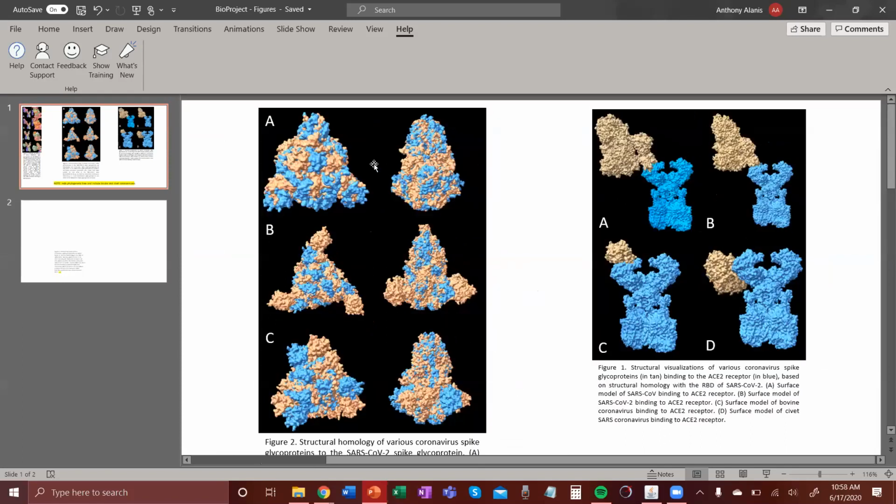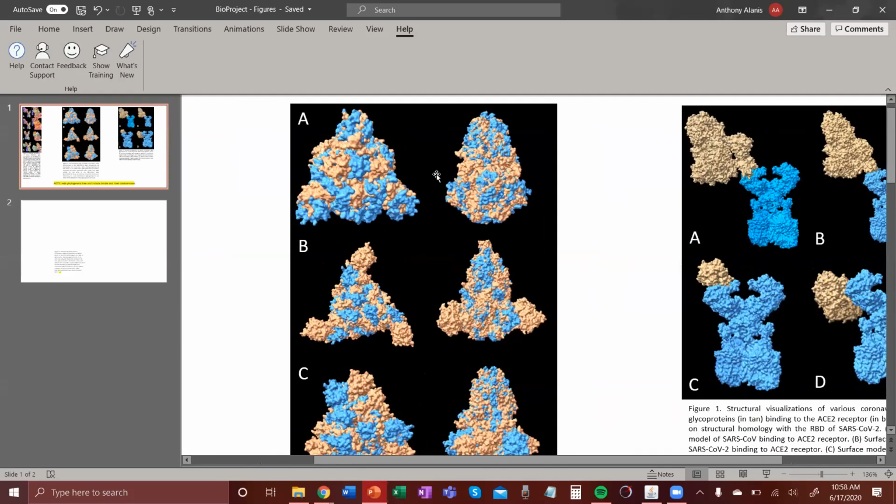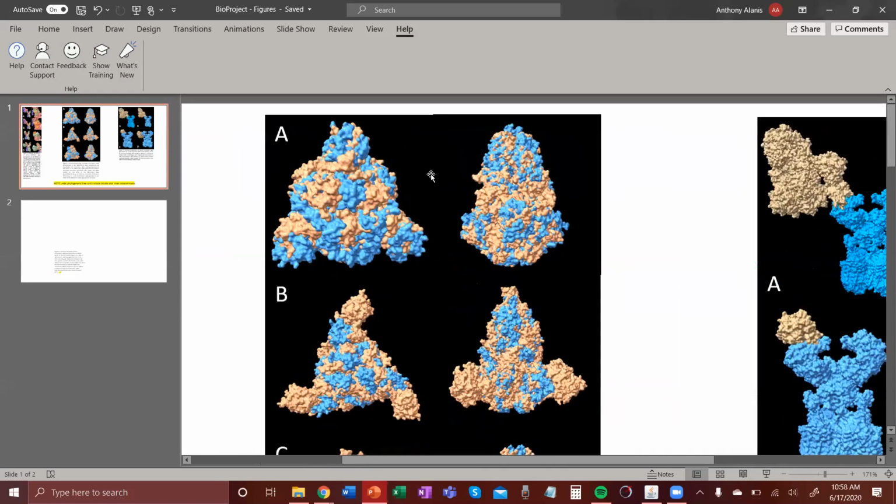I found a lot of bat spike glycoproteins on the protein database, but they were not in the conformation to bind. They would have a receptor binding domain, but it would not be in the up conformation. So I was like, well, crap, I didn't want to just leave it alone. I still want to analyze it somehow.